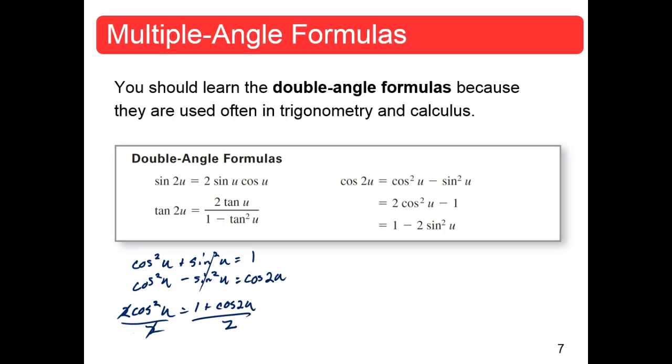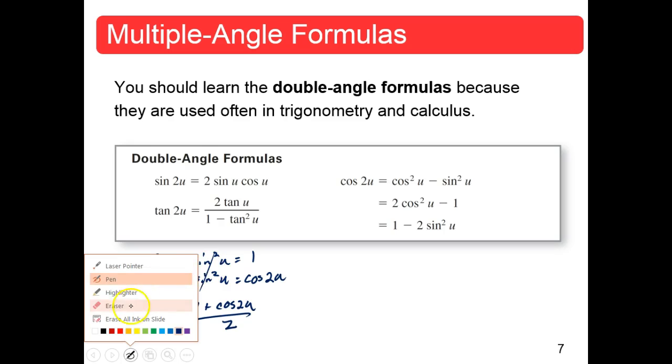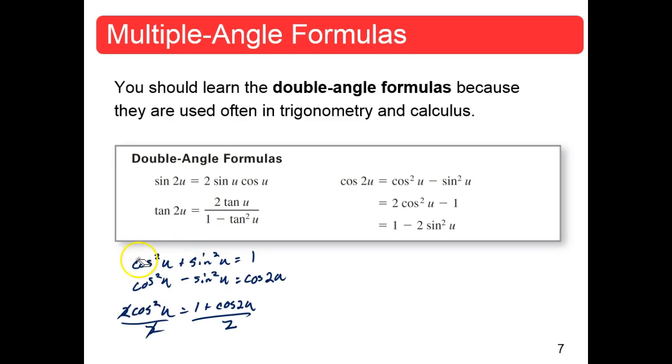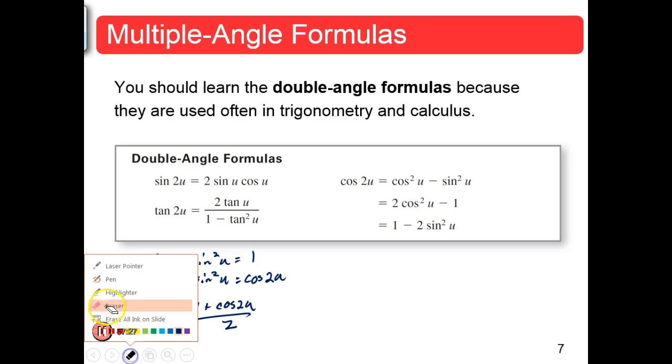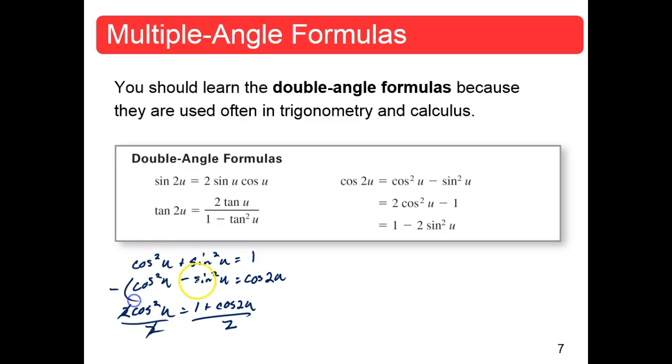Okay? Now we're going to do almost the same thing using these same two equations, except this time we're going to subtract, not add. We're going to subtract this equation from the top equation. So when you subtract them, cosine squared u minus cosine squared u is 0. And then this will be sine squared u minus a minus sine squared u, which is plus sine squared u.